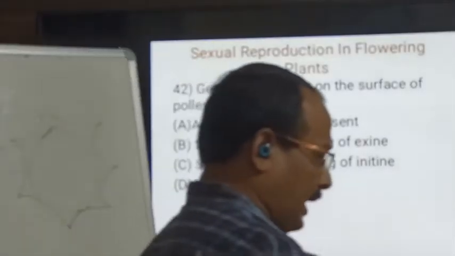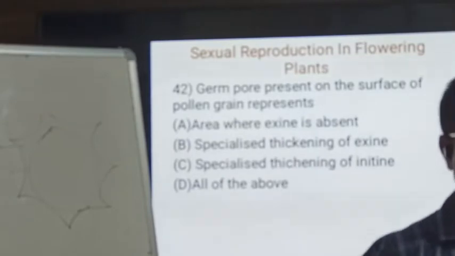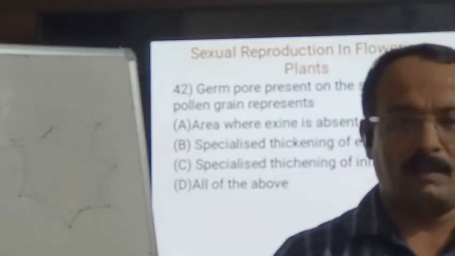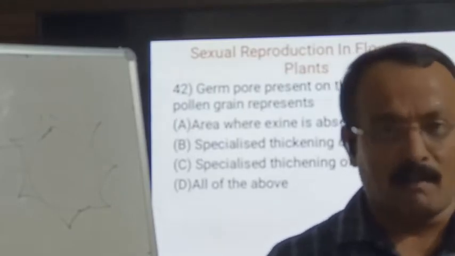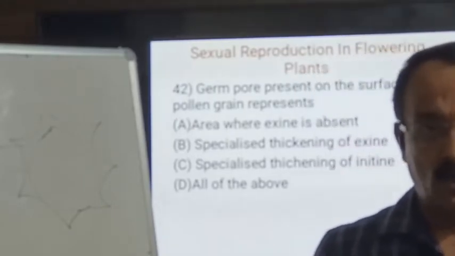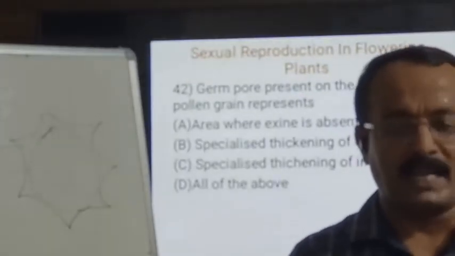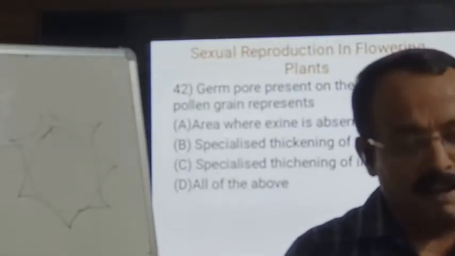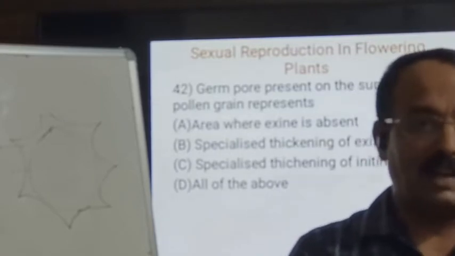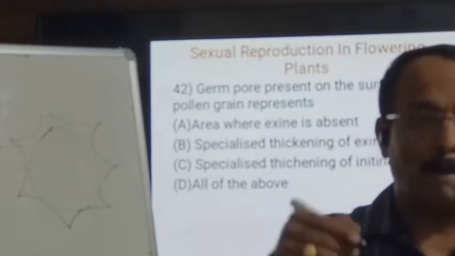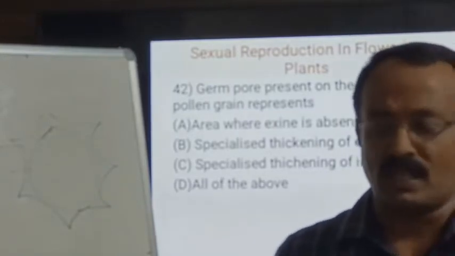As soon as the pollen grain lodges on the stigma, if it is a right and compatible pollen, and it gets lodged in the right viability period, the chemicals present in the pollen grain and the stigmatic surface interact with each other, and the pollen tube starts developing. This pollen tube penetrates the stigma and style and reaches the ovary.